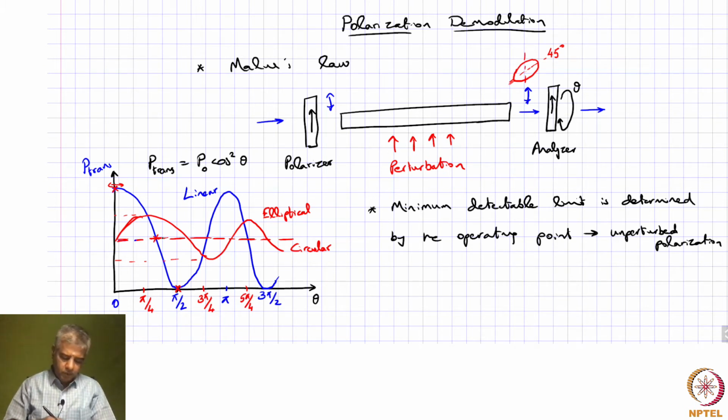So what you probably want to do is have your bias point somewhere over there, so that's where you get the maximum sensitivity. However, if you are just looking at one output like this, that may not provide the highest sensitivity.